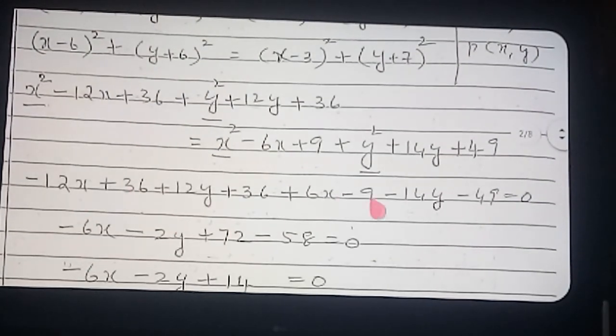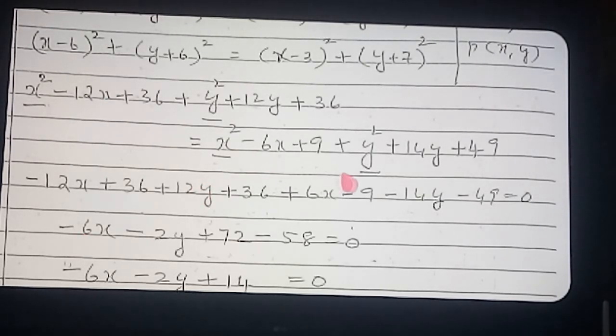Now collect the remaining terms on one side: minus 12x plus 36 plus 12y plus 36. The terms from the RHS coming to the LHS, the sign will change: here minus 6x becomes plus 6x, minus 9, minus 14y, minus 49, equals 0. Now add and subtract. Minus 12x plus 6x gives minus 6x.